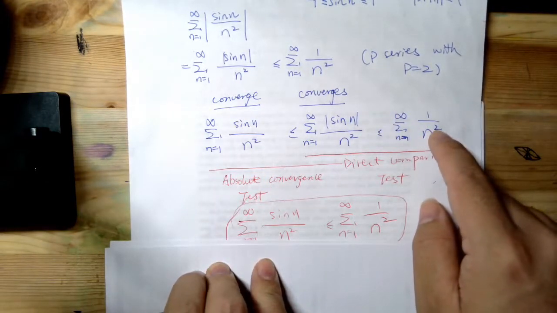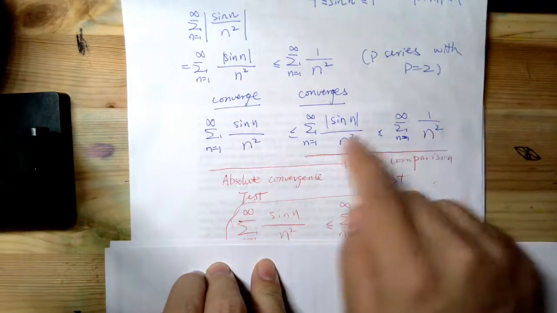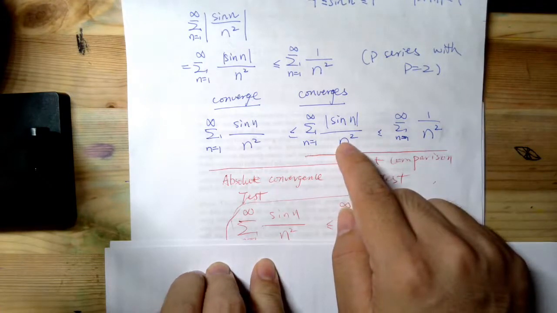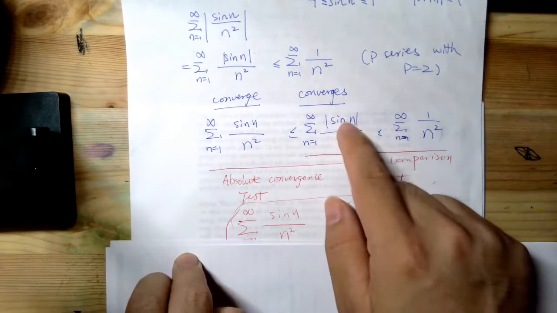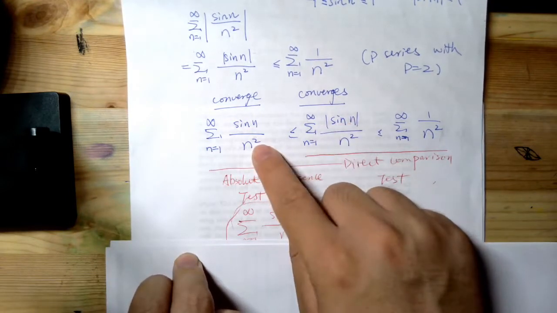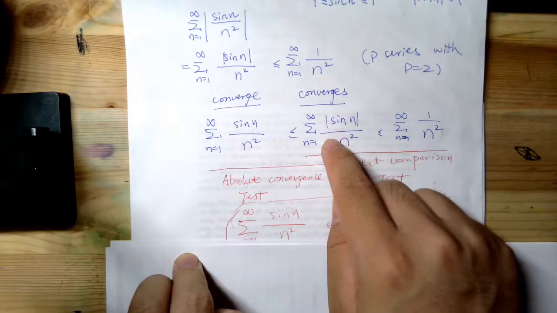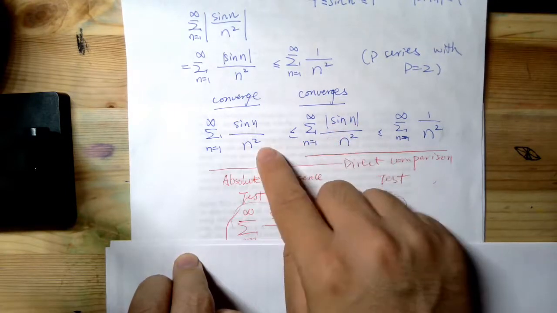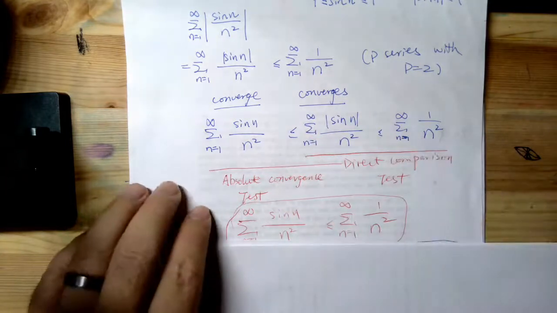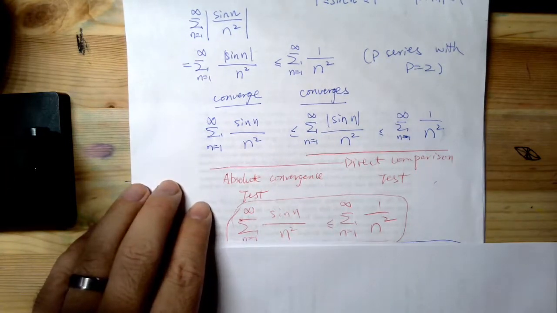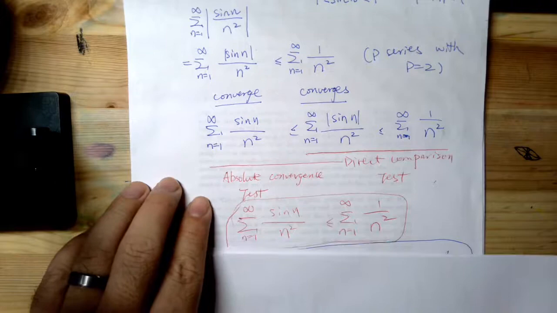Since this is a p-series with p equals 2, it converges. And from here to here, we see that this is the absolute series for my series. Since my absolute series is convergent, my series is absolutely convergent, and for sure, hence, it converges.